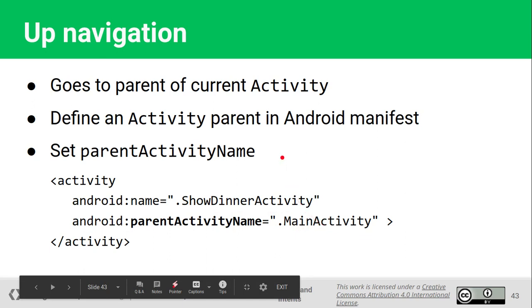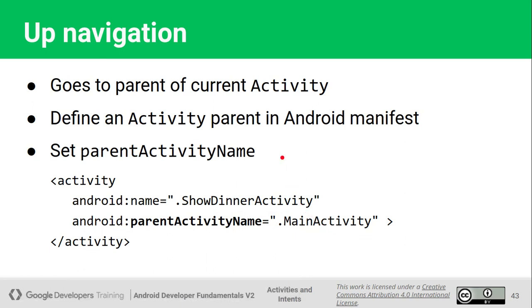So with this I will conclude this lecture. In this lecture we discussed sending and receiving data from activity 1 to activity 2, and we can send data back from activity 2 to activity 1 using an intent. Then we discussed navigation, and there is a built-in navigation which is implemented using a stack.